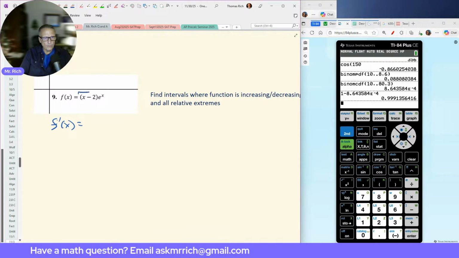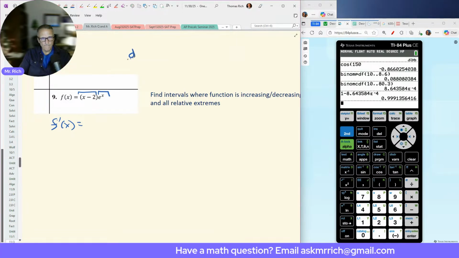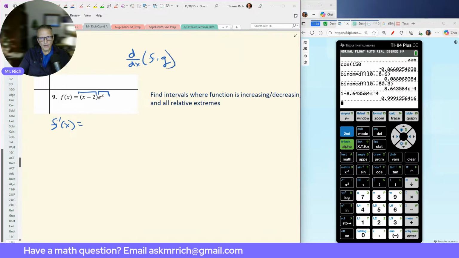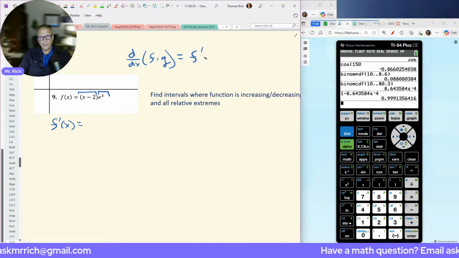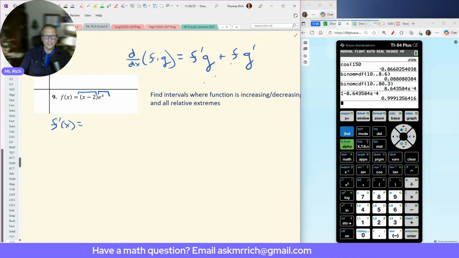The product rule says if you're taking the derivative of two functions that are multiplied, we call those generically f times g, then I'm going to take the derivative of the first times the second plus the first times the derivative of the second. All right, so let's do that.